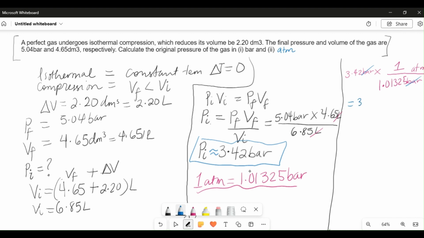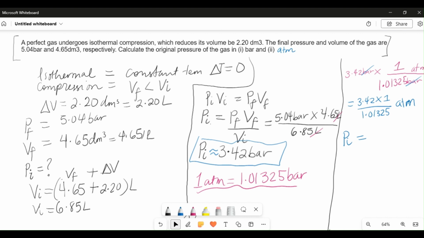Then we go on to do the basic math and cancel out the bar. So we end up with 3.42 times 1 divided by 1.01325 atmospheres. So we end up with the original pressure, P initial, in atmospheres. You can actually use the value 3.421 before it becomes three sig figs, since we're trying to get three sig figs for the atmospheres, and that's how you do proper calculations, by the way.